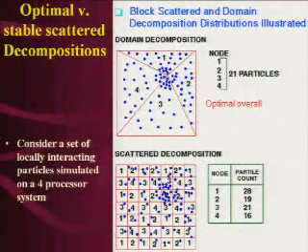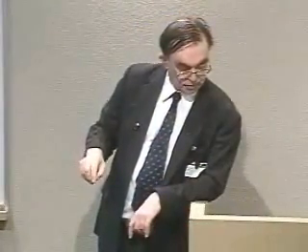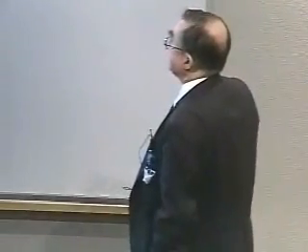So that's the definition of temperature for a general parallel system. And now we come to the difference between optimal and stable decompositions, which is the original thing I was discussing here. So this comes back to this domain decomposition versus a scattered decomposition.